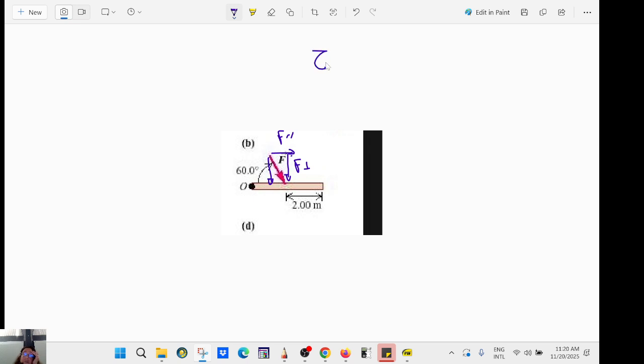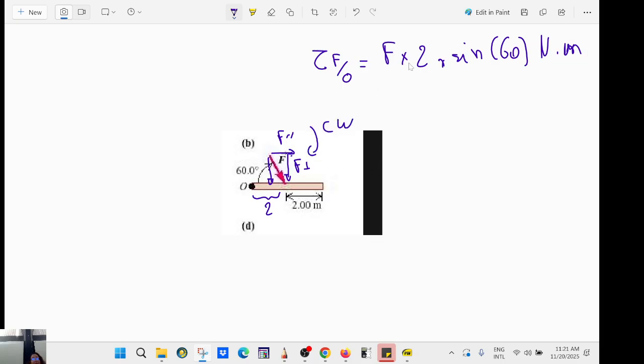So the torque applied by F relative to 0 will be the force times 2, if this is 2 here, times sine, 60 Newton meters. Is this clockwise or counterclockwise? Clockwise, so it will be negative, so into the board.